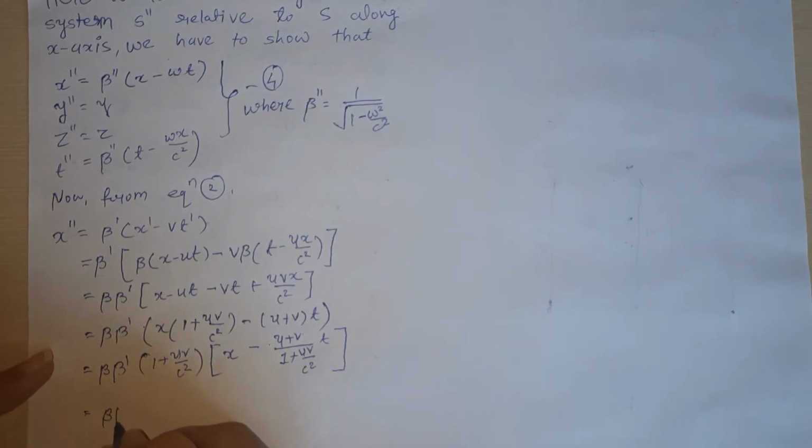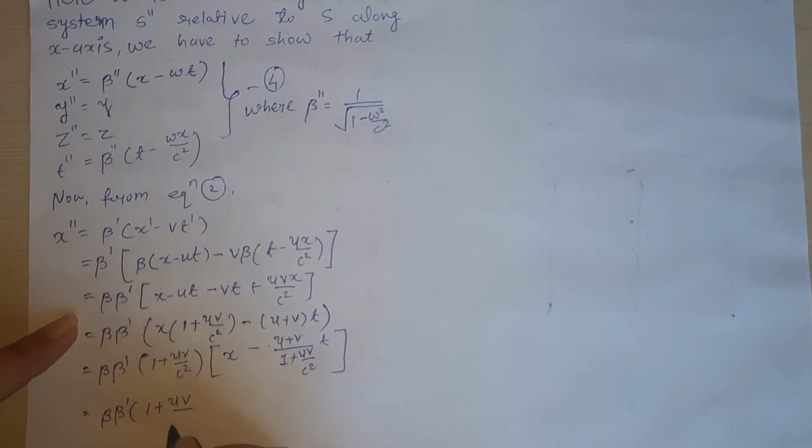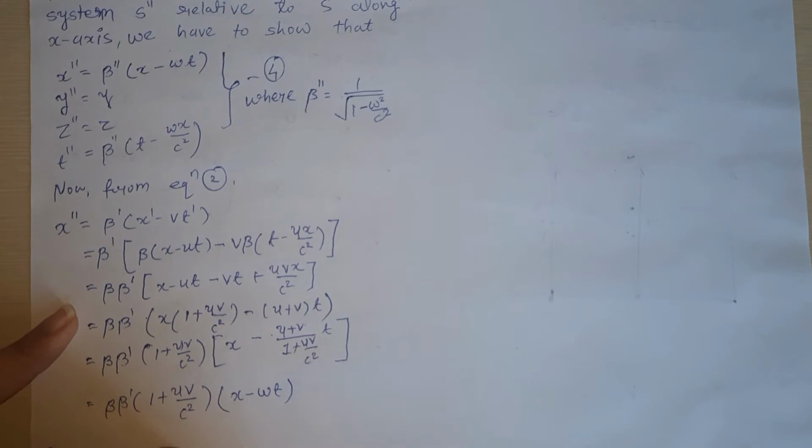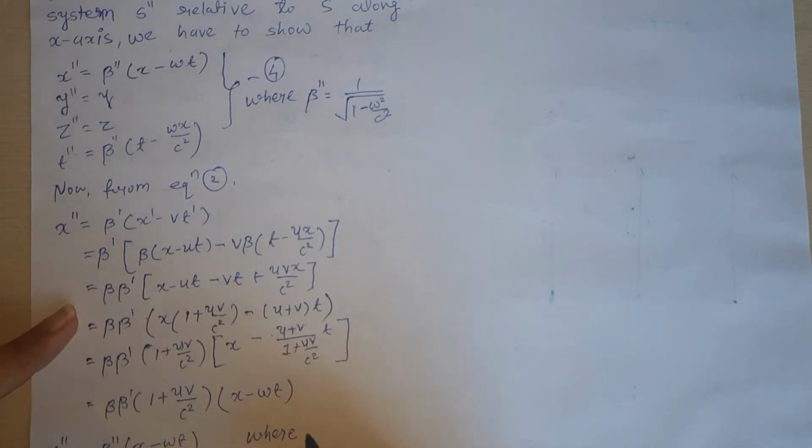So this will become beta into beta dash into 1 plus uv upon c square into x minus w t, and we will write here x double dash is equal to beta double dash into x minus w t, where we name this beta double dash.